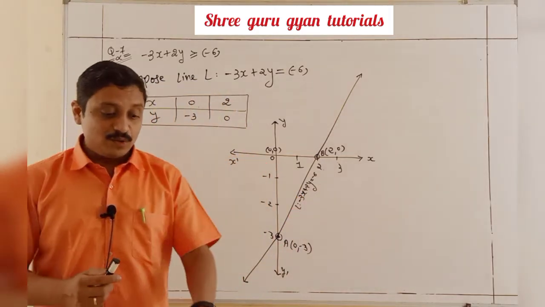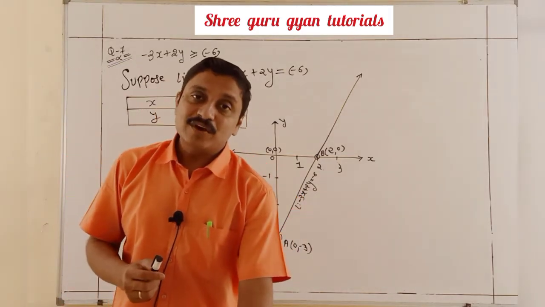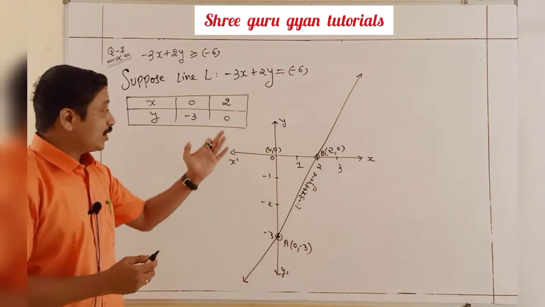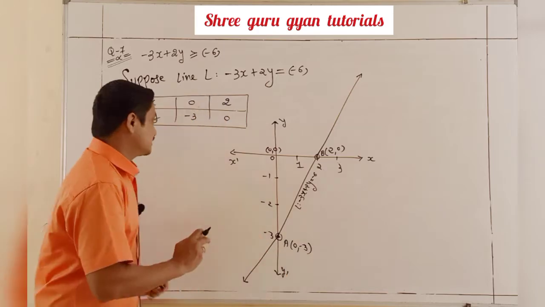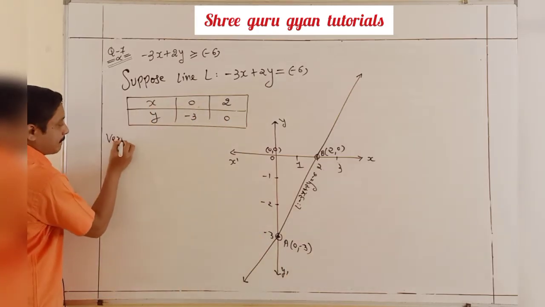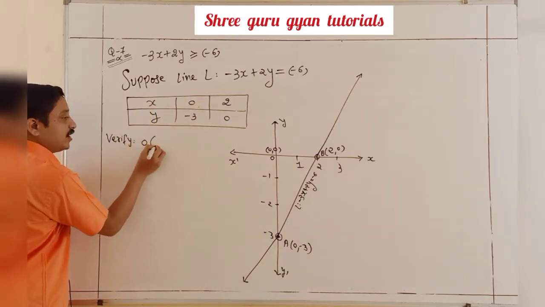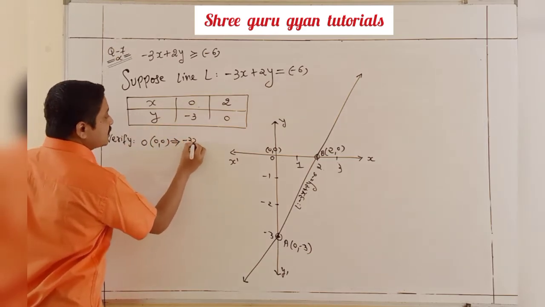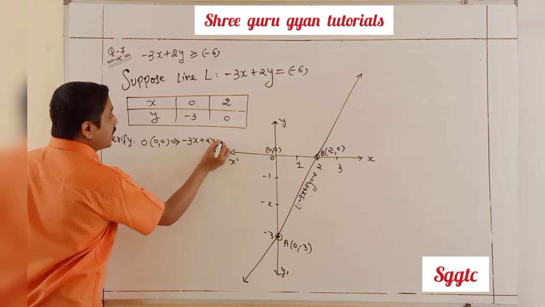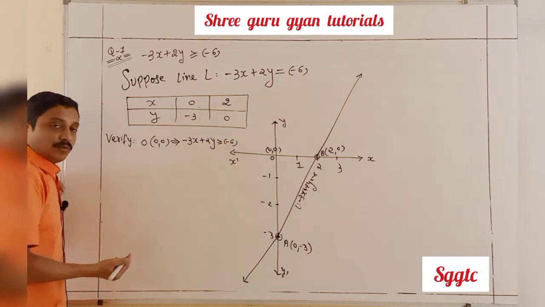Now we go to verification. Students, verification is the main thing; then you can plot whether it is upwards or downwards. First I verify O(0, 0) in the inequality -3x + 2y is greater than or equal to -6.